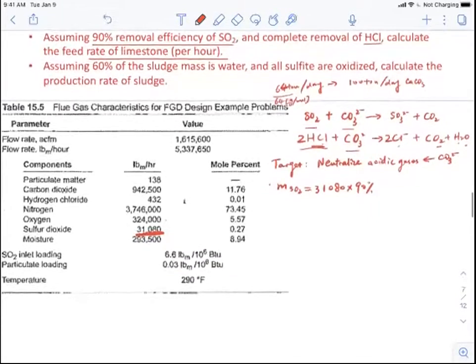Although this table is showing you imperial units, everything in pounds, I would recommend that we still convert it into standard units. That's more convenient when we do the molecular weight analysis. So you multiply by 0.45 kilogram per pound, with the value in pounds per hour.